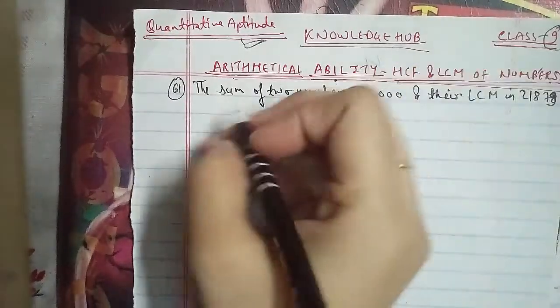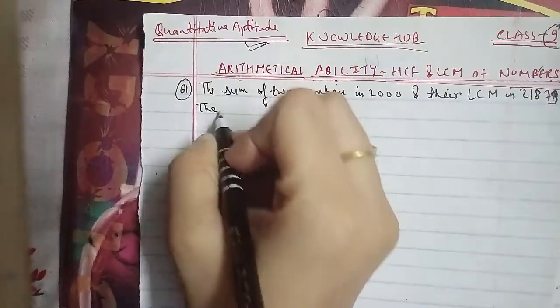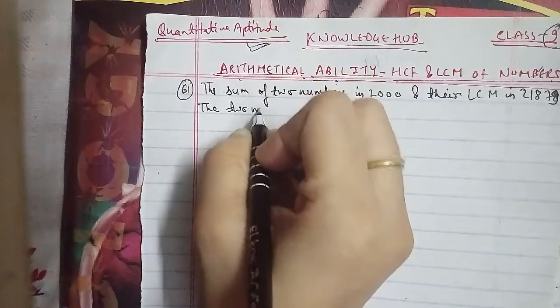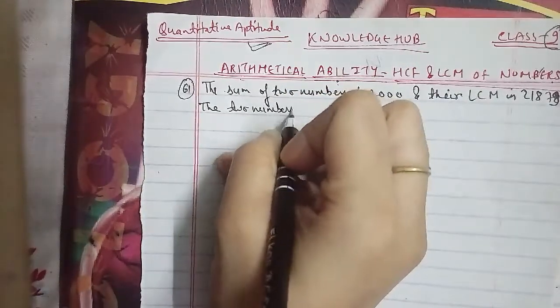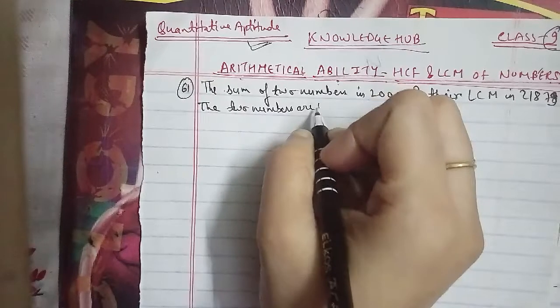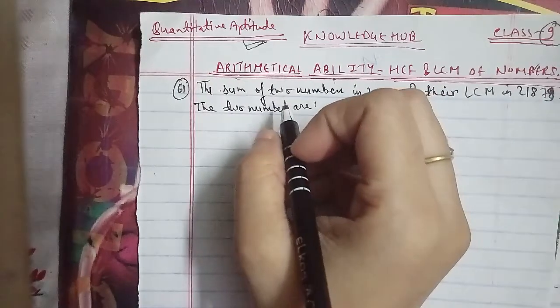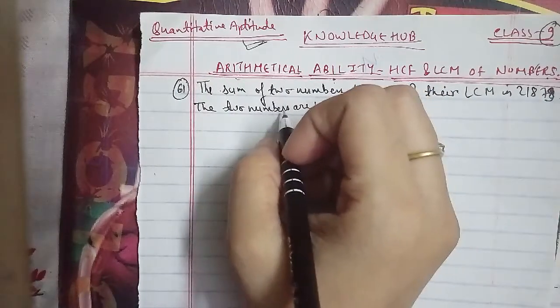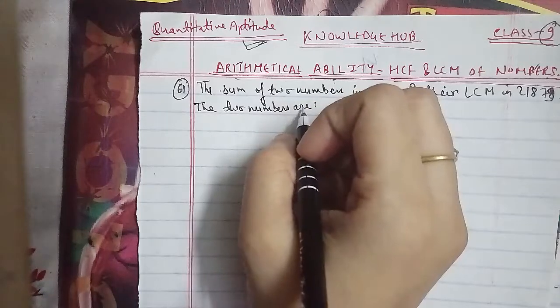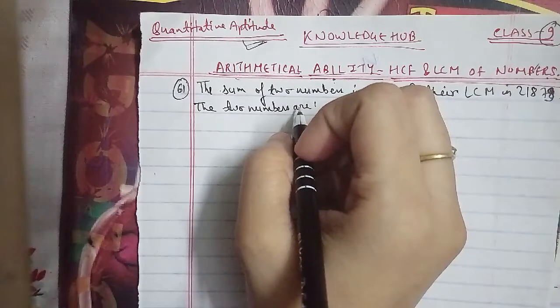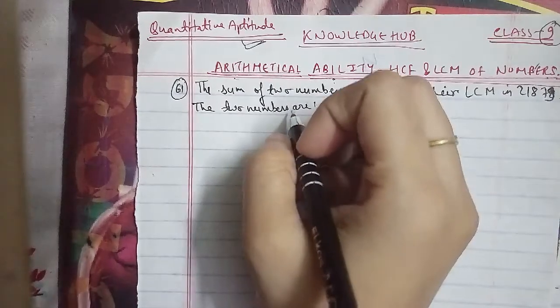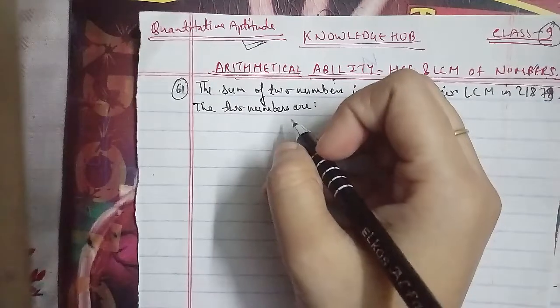The two numbers are: the options, as I told you, 1993 and 7, 1991 and 9, 1989 and 11, and 1987 and 13. So we'll go ahead with the solution as well for this.